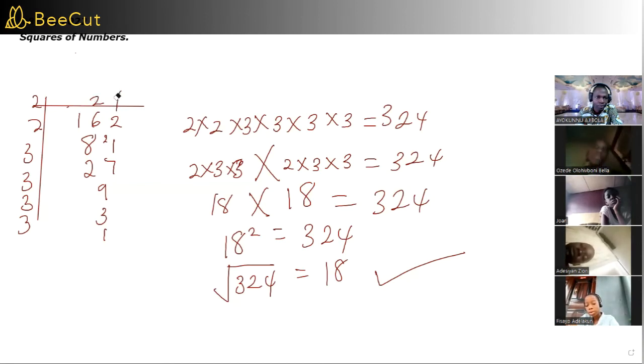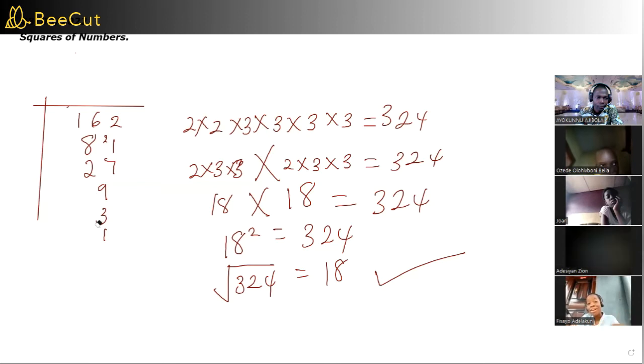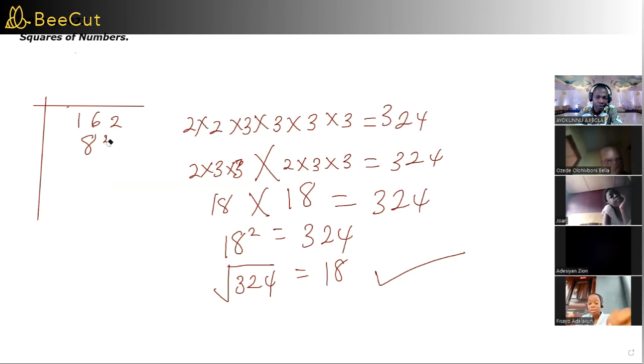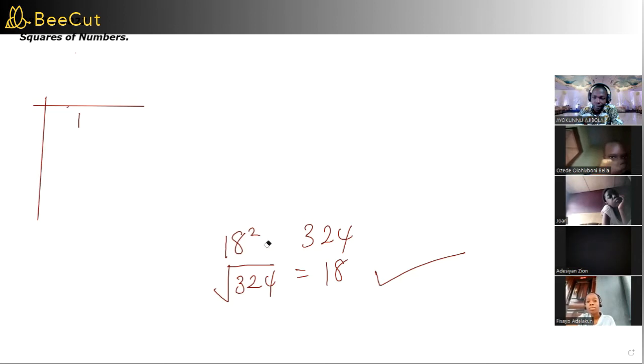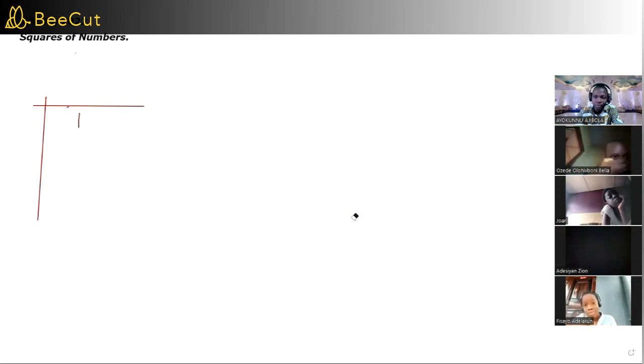So what is the square root of 1024? Desire. Sir? Square root of 1024. I'm still hearing the background noise from one of them. Desire, I can't hear you. Unmute yourself and answer the question. What's the square root of 1024?